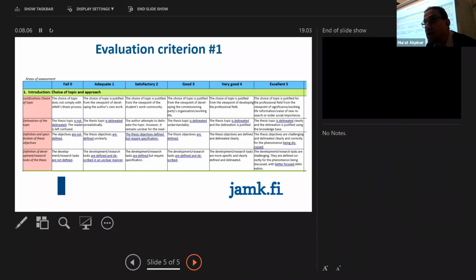So justification of the choice of topic, that is the first criterion. I am now looking at Yao Ming, who is going to be doing his thesis about a problem at the company that he is working for.